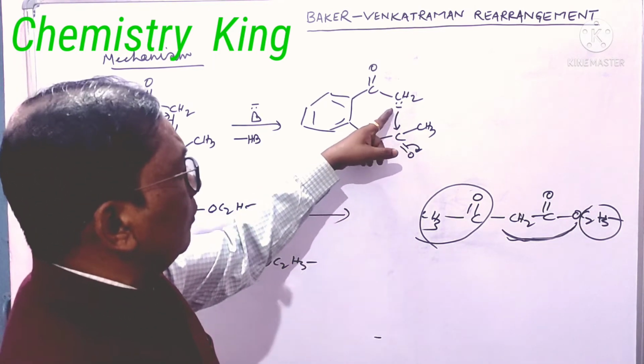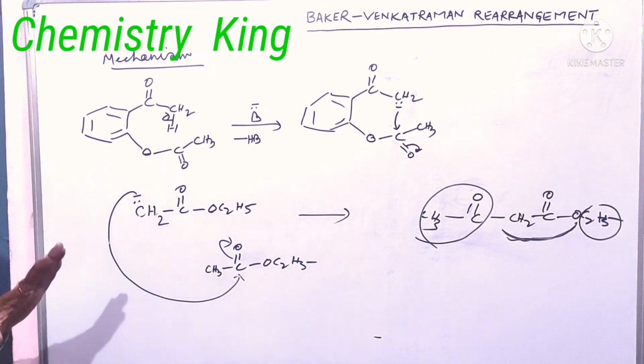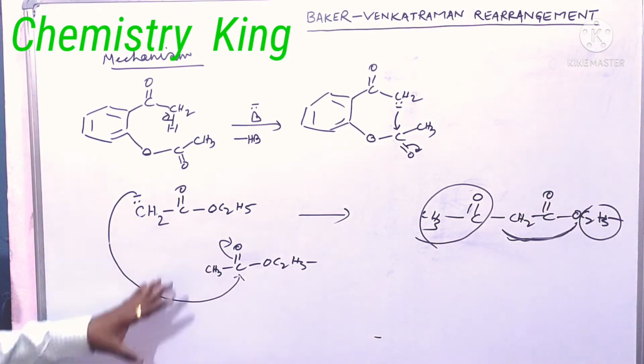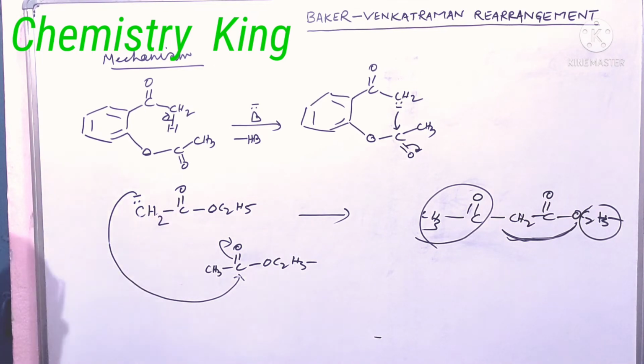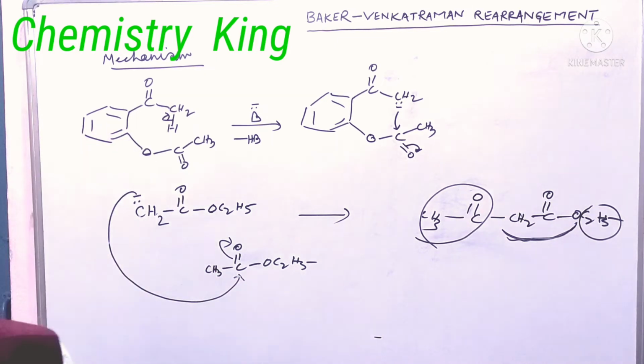And here also this carbanion will attack. Then you can say that this example of Claisen is intermolecular and this is intramolecular Claisen condensation. Hope you are now very much clear.